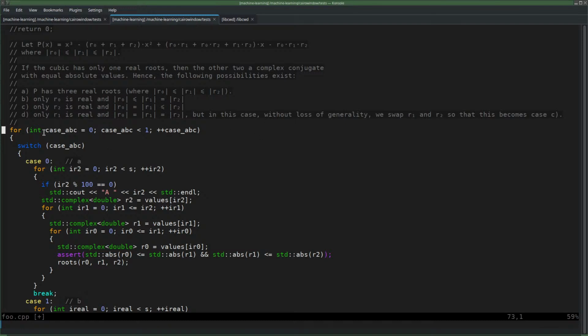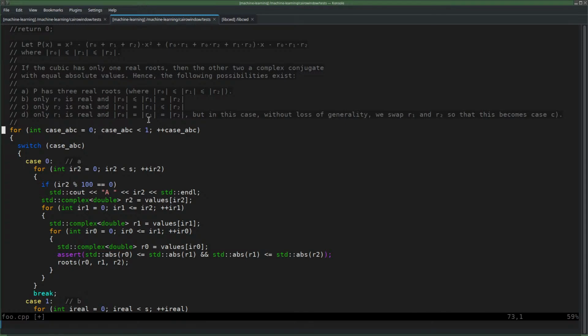So nevertheless, by this rule, if R1 is complex, then that means that R0 is complex, not R2. Okay, that was nonsense. You can have this is complex or that is complex. That's the other way around.